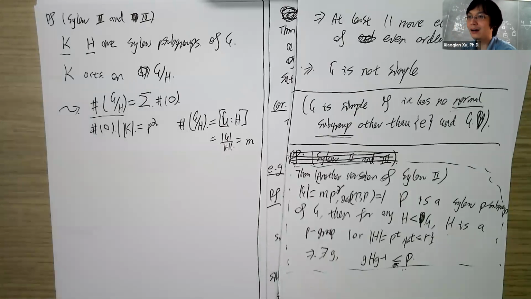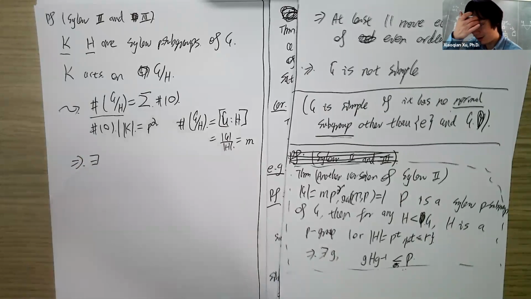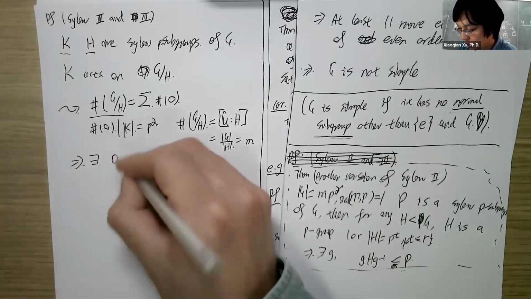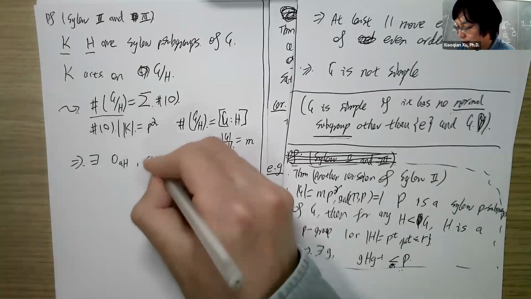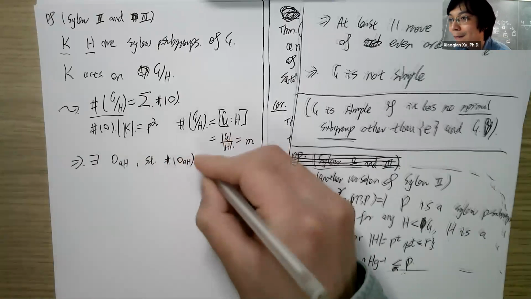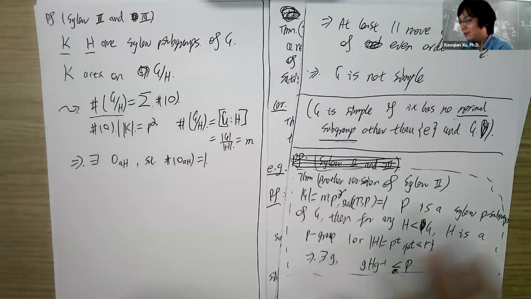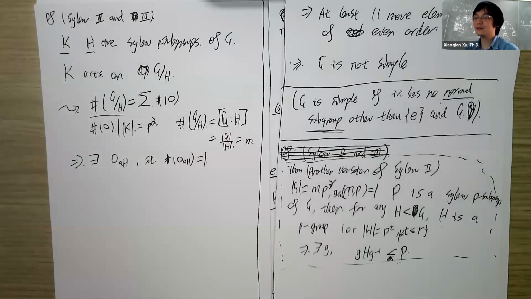But on the left-hand side, all the numbers are powers of P. So that means there exists some orbit of AH such that the number of elements of the orbit equals 1.